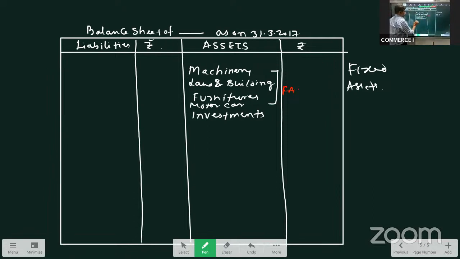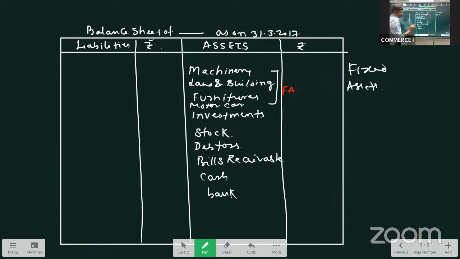After investments, we take current assets: stock, debtors, bills receivable, cash balance, bank balance. Enough for you, not more than that. And if any prepaid expense is there, that we will take. I'll tell you what these prepaid expenses are. So this is how the asset side would look.